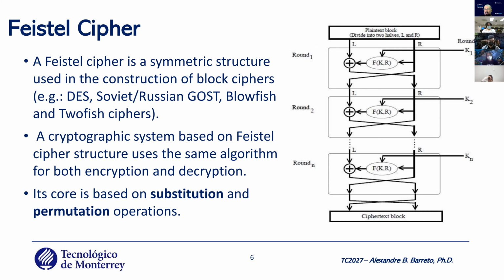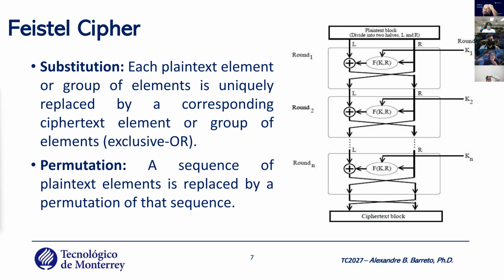If your algorithm follows the Feistel cipher, it's easy to implement in hardware, because it uses only simple operations. For example, what is the substitution? Each plain text element or group of elements is replaced by a cipher element. For example, use an exclusive OR.